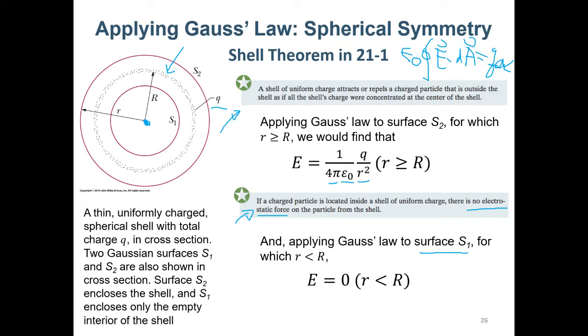In this case, the charge enclosed by S1 should be 0, which means that E should be 0 inside the shell. And there is no E field, so there will be no electrostatic force. So this is the explanation for the shell theorem using Gauss's law.